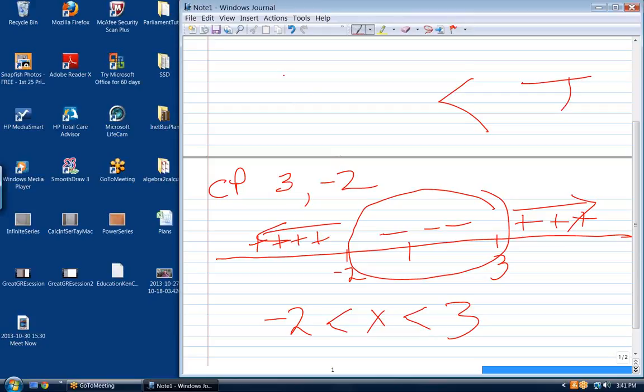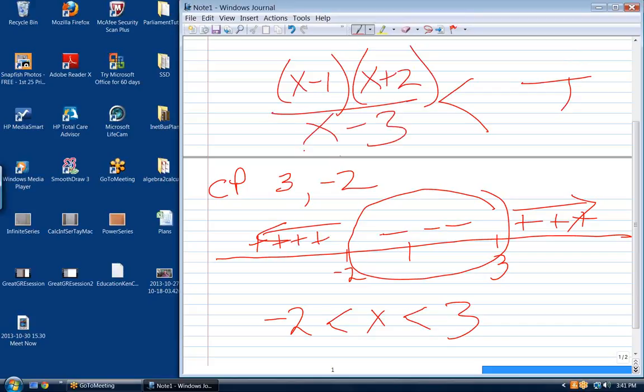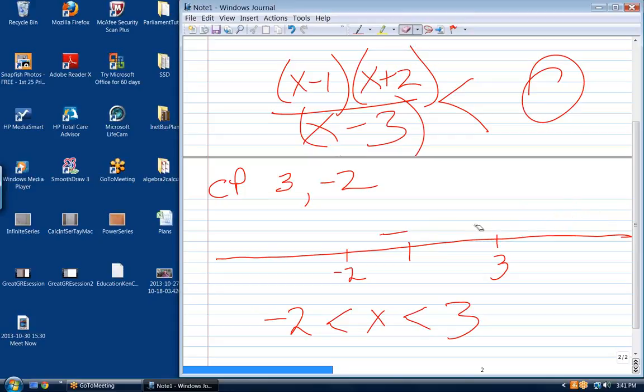Now, if you end up with something like this, say you get that, and we want to solve that being less than or equal to 0. So what are my critical points? Your critical points would be positive 1, right? Yeah. Negative 2 and positive 3.